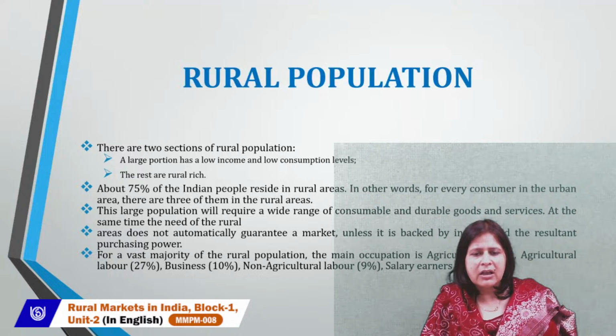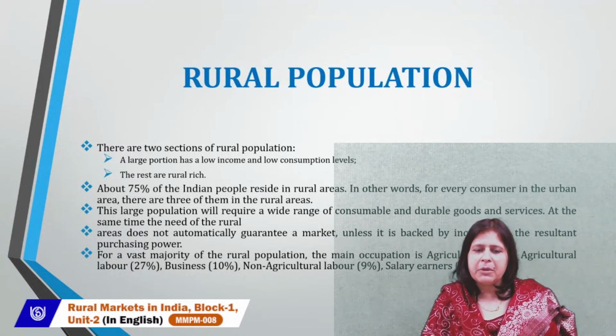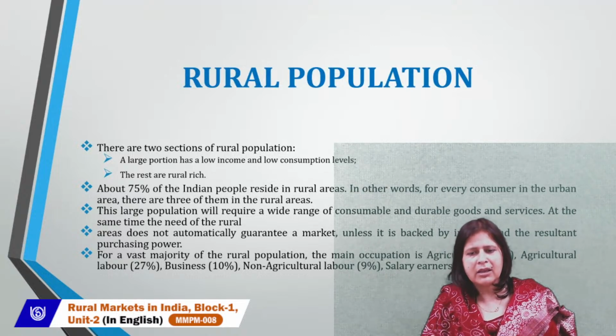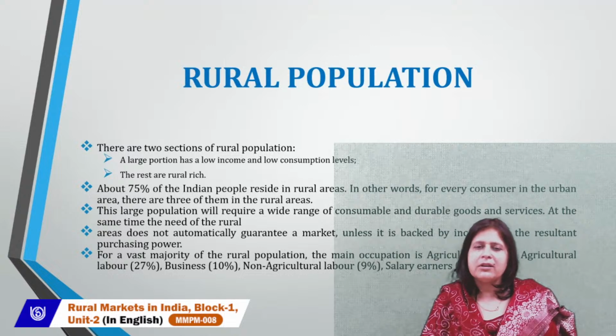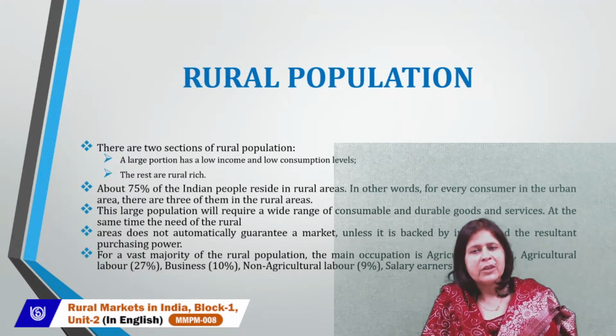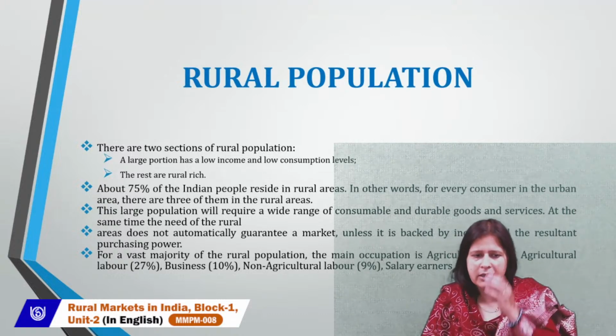They have a low income and low consumption level. About 75% of Indian people reside in rural areas, or in other words, for every consumer in the urban area, there are three in the rural areas, right? Because 75% of the Indian population resides in the rural areas.